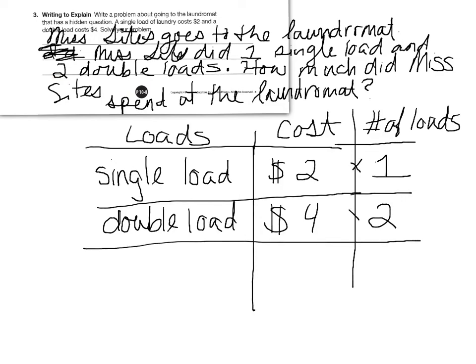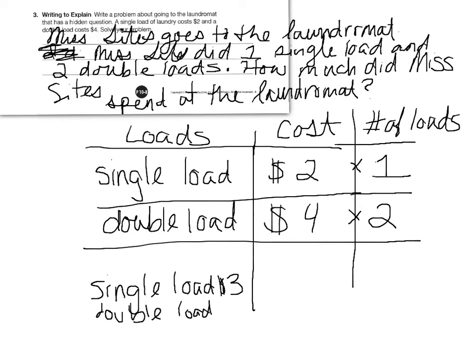And remember how we do this? We multiply across. And you're going to get, I spent how much on a single load? $3. And I spent $8 on a double load. So then, because I'm asking how much total did I spend, out of both my single loads and my double loads, you're going to add those two.